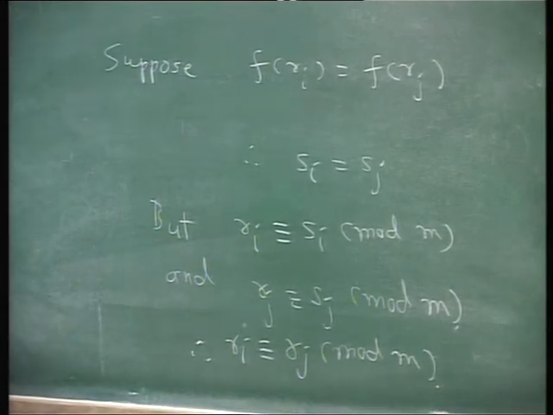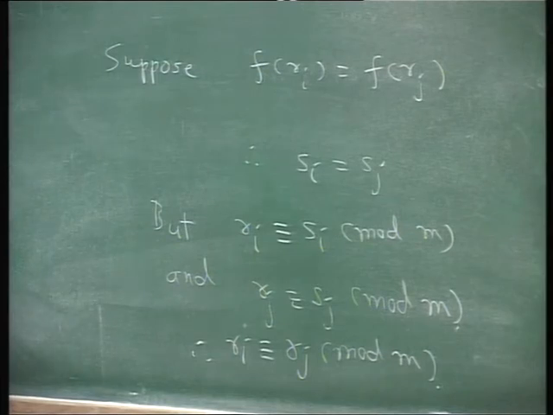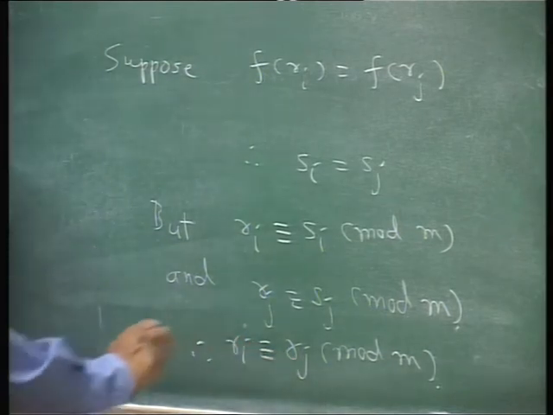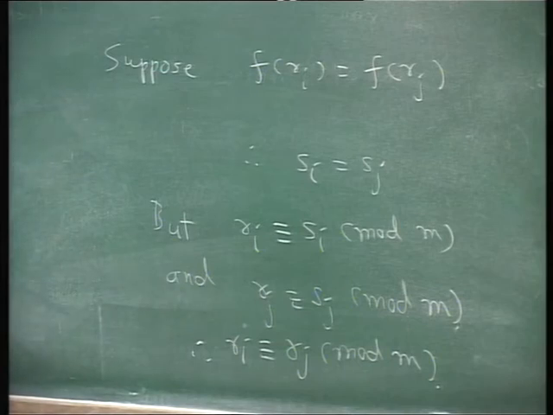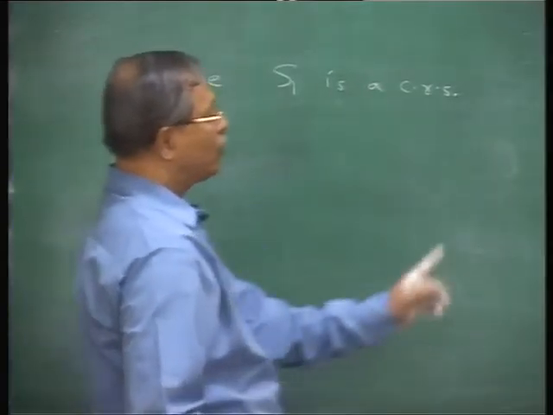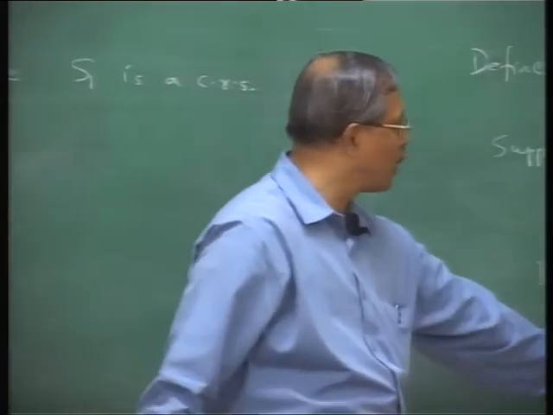Okay. Now, each element is congruent to one of them, right? Since S1 is a CRS, see Ri is congruent to Ri itself and Ri is congruent to Rj.